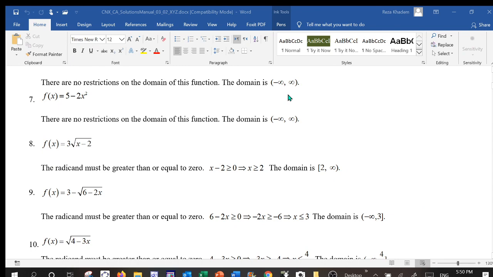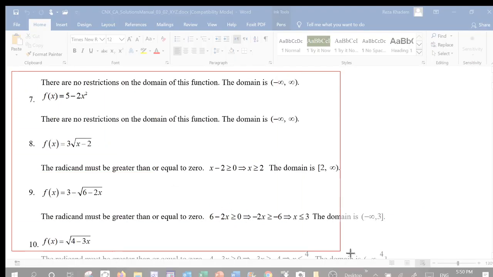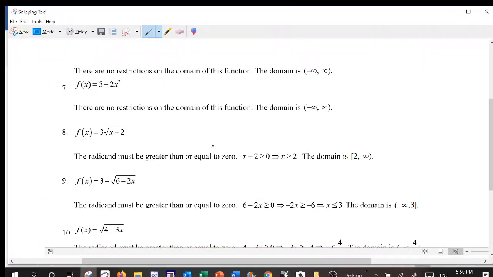Now the question is, what is domain and what is range? If you're given a table, domain and range is obvious. For example, if I give you this relation, domain is basically a set of numbers that you pick the input from.